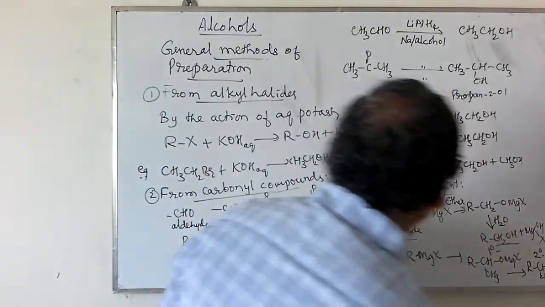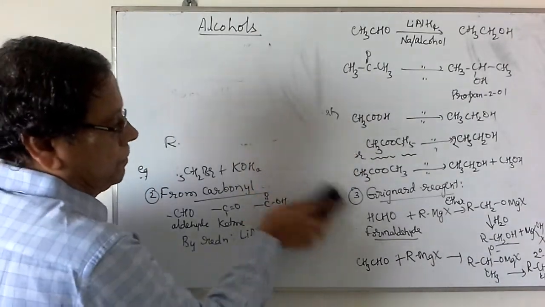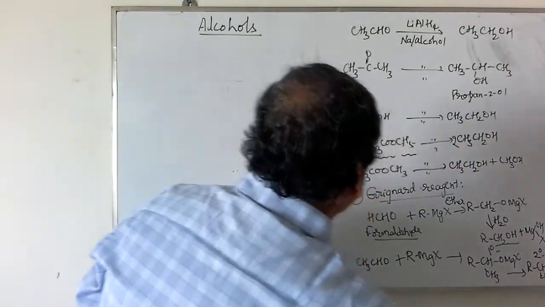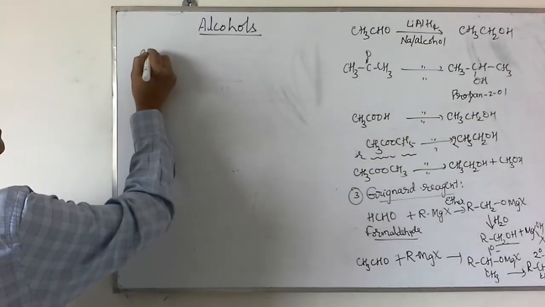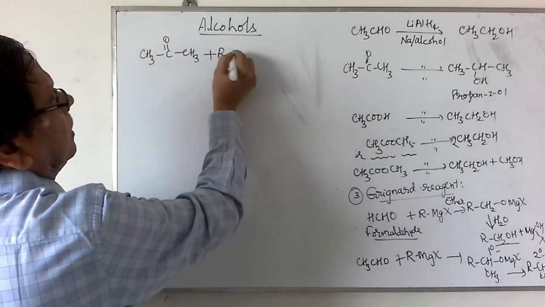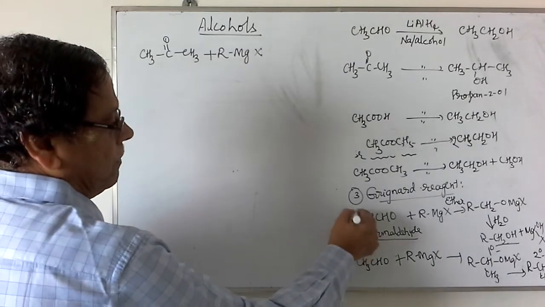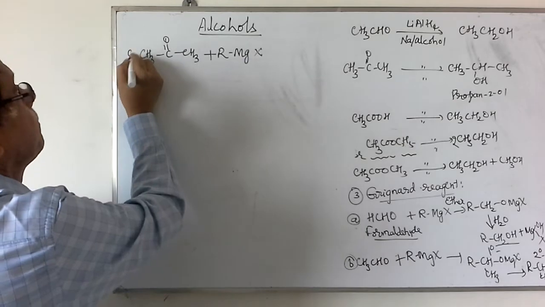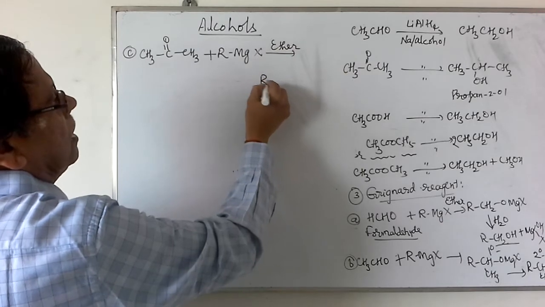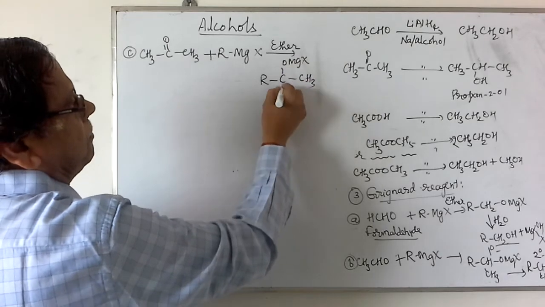Then coming to the next one, if I take a ketone, for example acetone, CH3, C double bond O, CH3, and treat it with the Grignard reagent RMgX, in ether it will give rise to R, C, O, MgX, CH3, CH3.